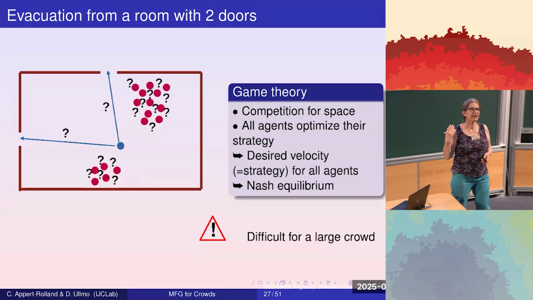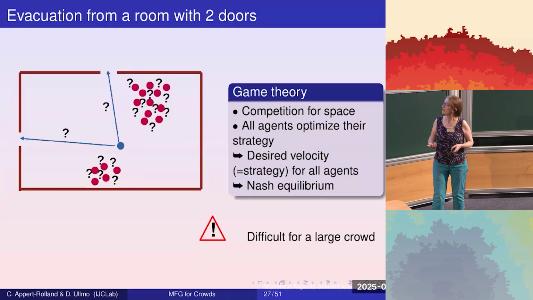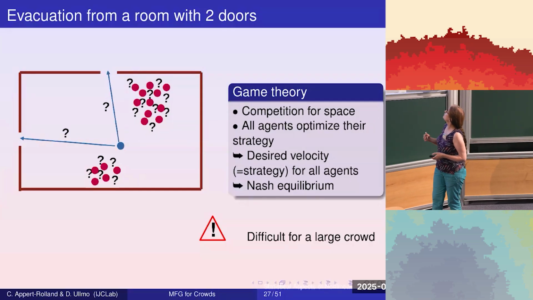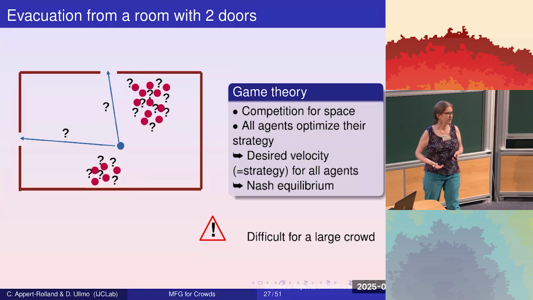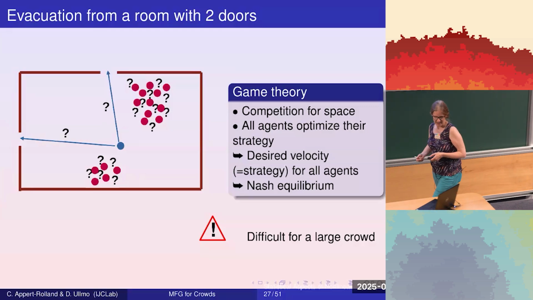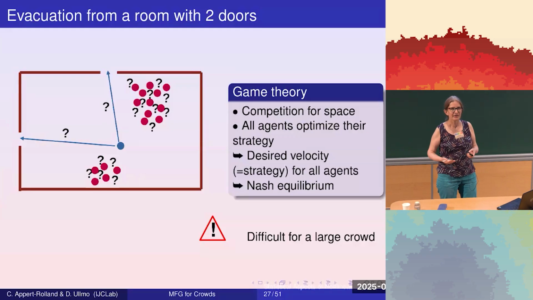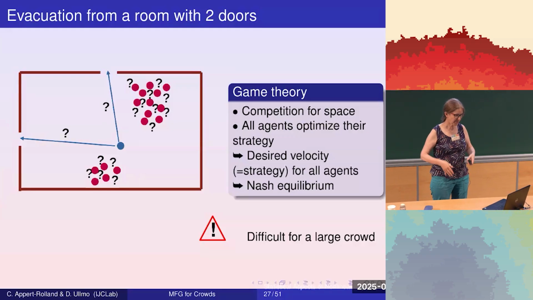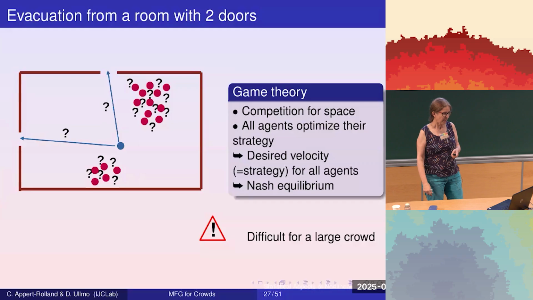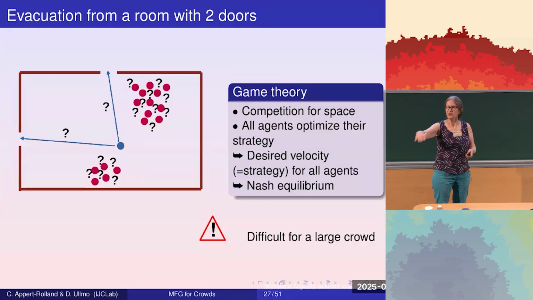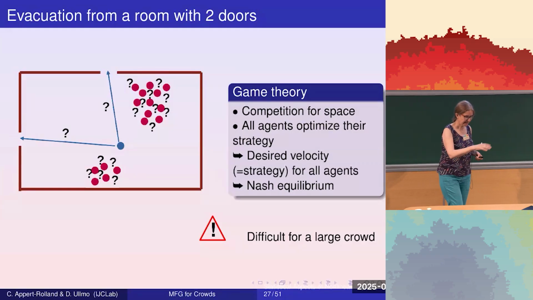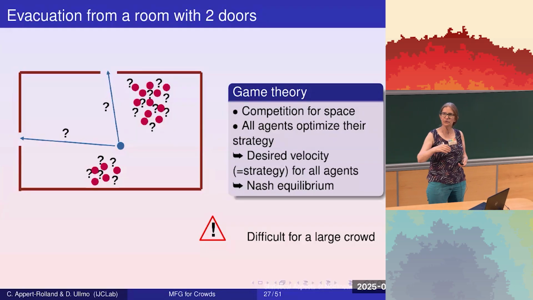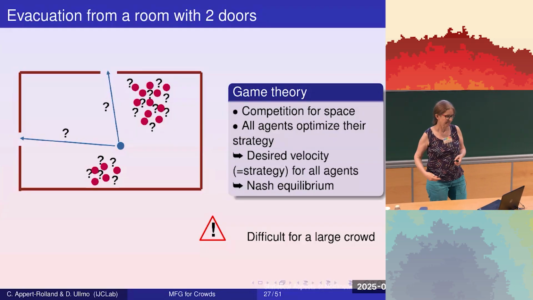So this is typically a problem for game theory. It's a game because you have a competition for space here. You are not ghosts, so if you occupy one place, nobody can take it. And you have to optimize for all the agents in parallel and get the desired velocity for all the agents.